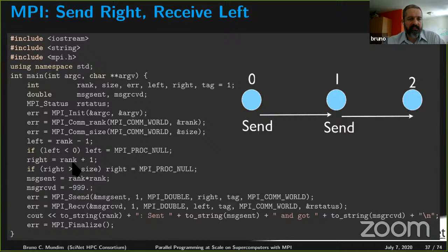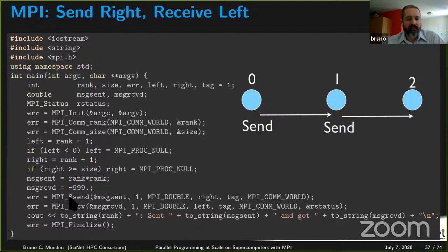The process at the right is going to be your rank plus 1. However, if I get to process 2 here, the right is going to be MPI_PROC_NULL, because I don't have any process to the right, okay? And the message that I'm sending is rank squared, and the message that I'm receiving is -999. The idea is just for you to spot which process is not receiving anything.